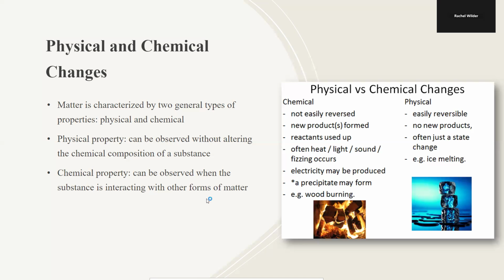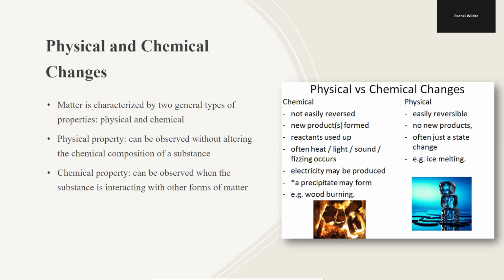Chemical properties are observed when the substance interacts with another form of matter. So it's not easily reversed if it even can be. There's a new product formed. The reactants, which are what react with each other, are used up during the change.